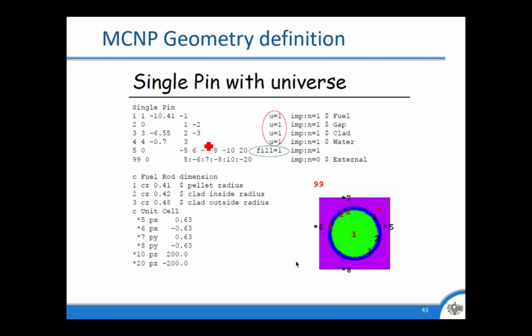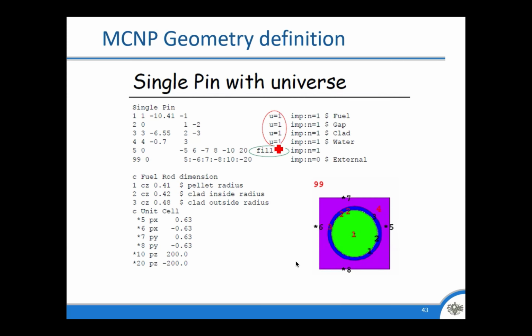And after, I create a cell 5. Cell 5 is the cell that contains everything here. I first create a cell without any materials. As you can see, there is no material and no density here, so it's an empty place.